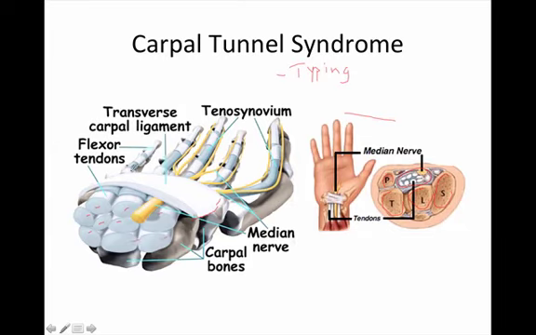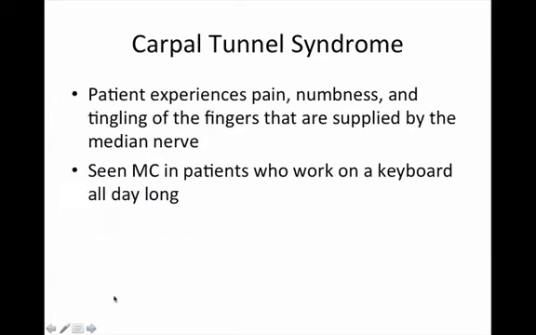These are all going to attach to the fingers, and if you remember, the median nerve supplies the thumb, the first two fingers, and the lateral aspect of the ring finger. So repetitive use and inflammation will send pain signals down into all of these nerves which supply those aspects of the hand. So what do patients experience?